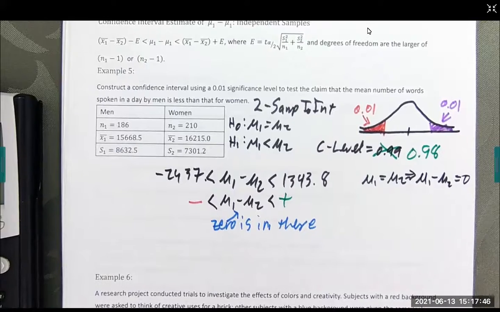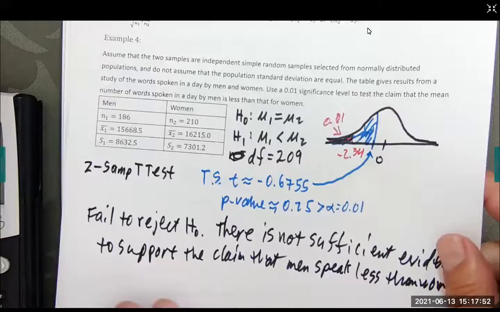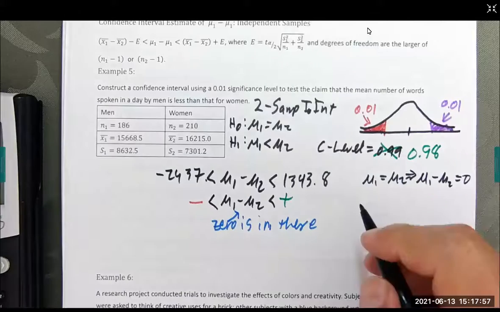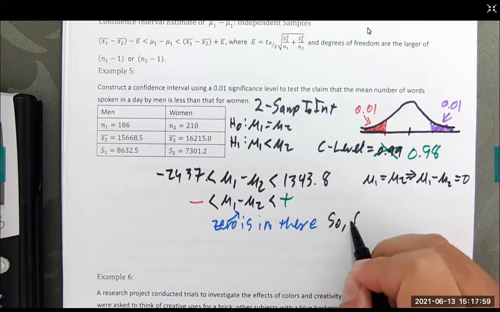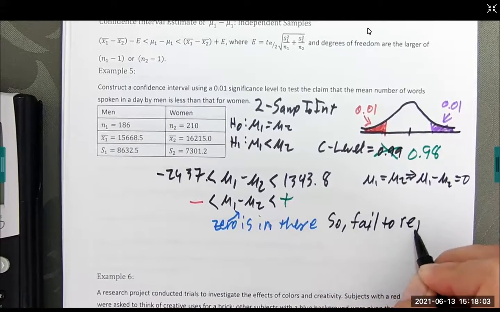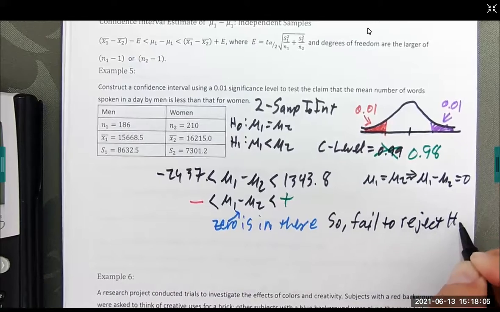All right, so what's our conclusion? It's actually the exact same conclusion that we came to here. I'm not going to write out the whole sentence again, but I will say that we're going to fail to reject the null hypothesis.